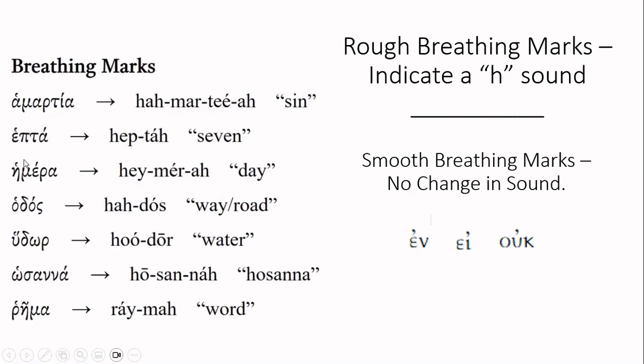These are some examples of words with rough breathing marks, where we add an H to the beginning of the word. So this is hamartia. Notice that stress is on the final syllable. So this indicates the sound, yet the stress is on the final syllable.